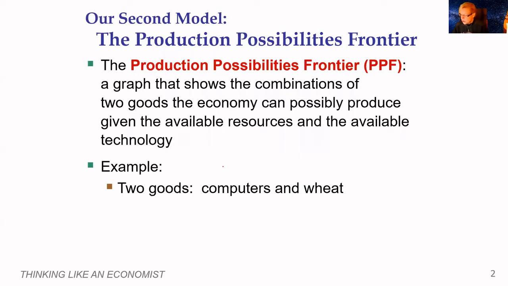So there is a trade-off between computers and wheat. If you decide to increase the amount of computers in, say, your business, then you automatically do so by decreasing wheat. Because it's an opportunity cost, notice when one goes up, the other goes down. So we would say that the two products are negatively correlated.